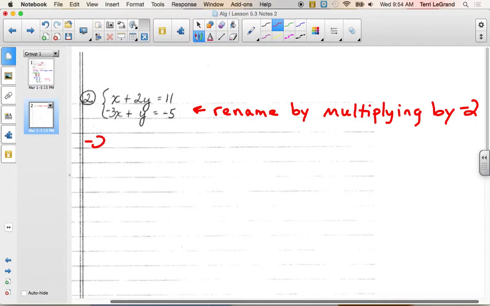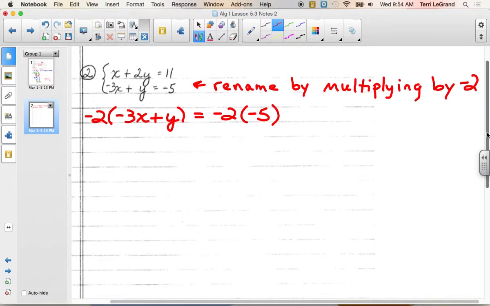So we're going to take that negative 2 and multiply both sides of that equation by it and get that one renamed. Okay, is its new name 6x plus negative 2y equals 10?